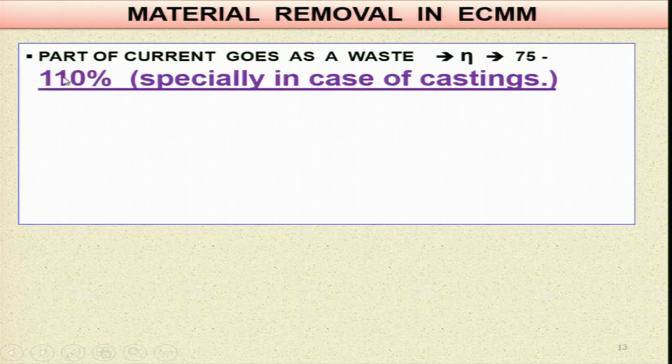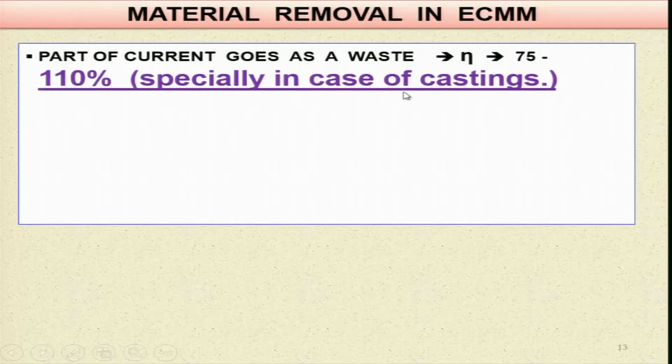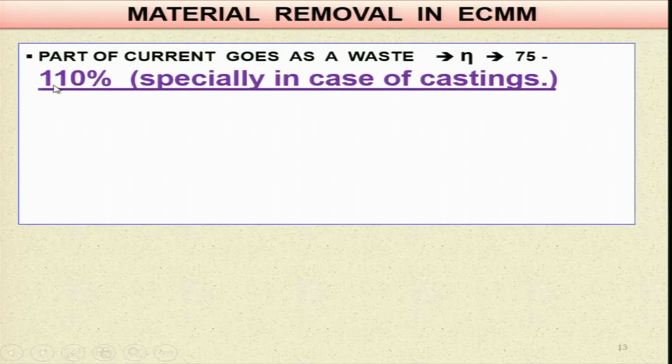You may be surprised how you can have machining efficiency larger than 100%, but there is a trick I have written here, especially in case of casting, which may have electrically non-conducting material. Once the material surrounding those particles is removed, those particles also come out without really consuming any current. Hence, you can get machining efficiency greater than 100%.